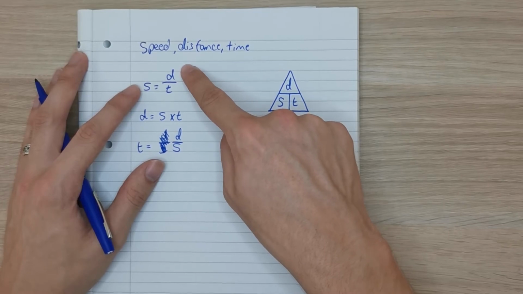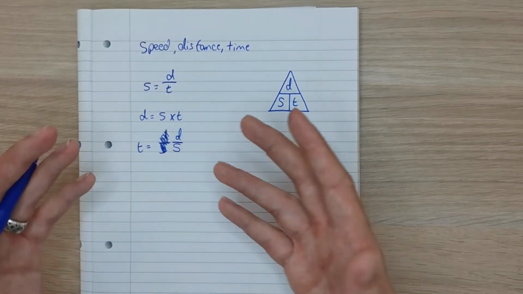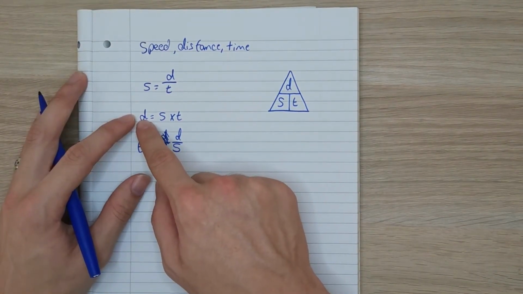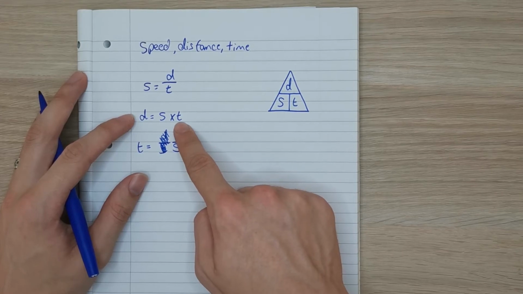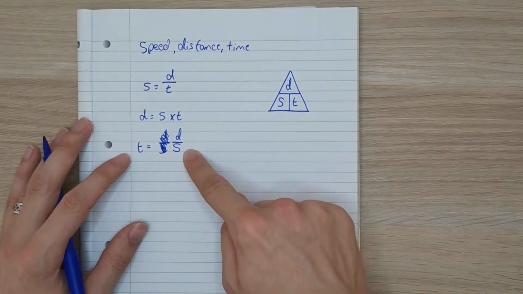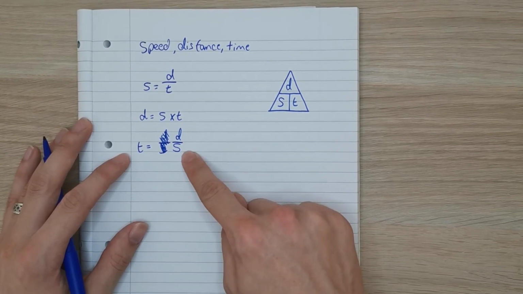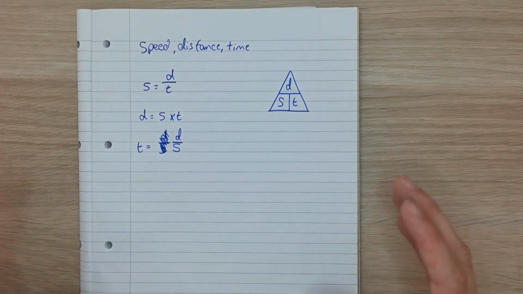How many meters have you gone per second? The per means divide. Distance is how fast you've gone and how long you've gone at that speed. Time is how far you've gone and how fast you've gone there. It makes sense. So that's your relationship between speed, distance and time.